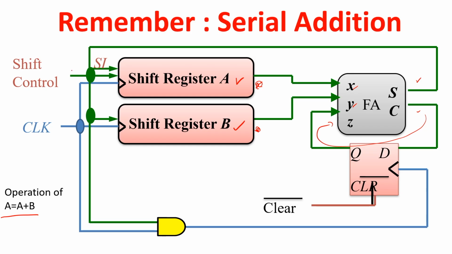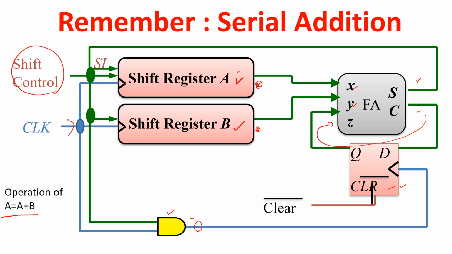Here, every cycle we require a shift control, which decides whether we are shifting or not. The clock is connected to registers A and B and to this flip flop, and the shift control is ANDed with the clock. So the shift control will enable this flip flop, otherwise it will not.